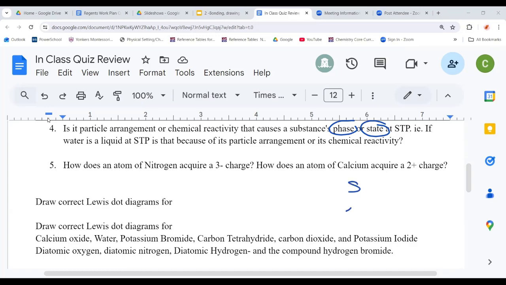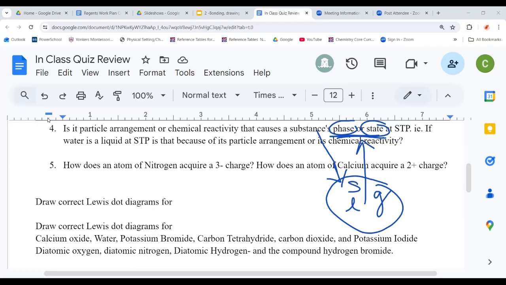Remember, that means that what I'm asking you about is, so one trick you can use, if you do know what this means, is you can take what you know and put it in the sentence while you're reading it, and that will help you make sure you understand what they're asking for. So, is it particle arrangement or chemical reactivity that causes a substance to be a solid, a liquid, or a gas? Right?